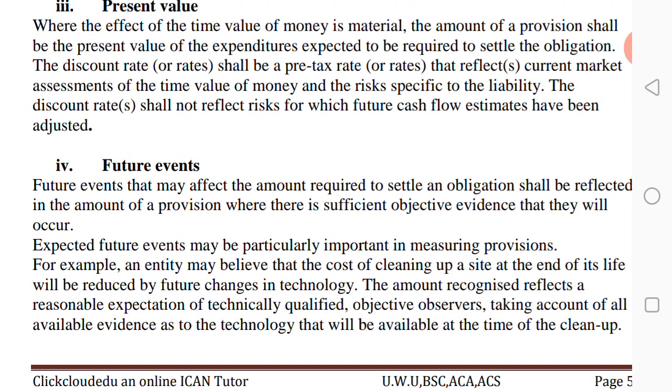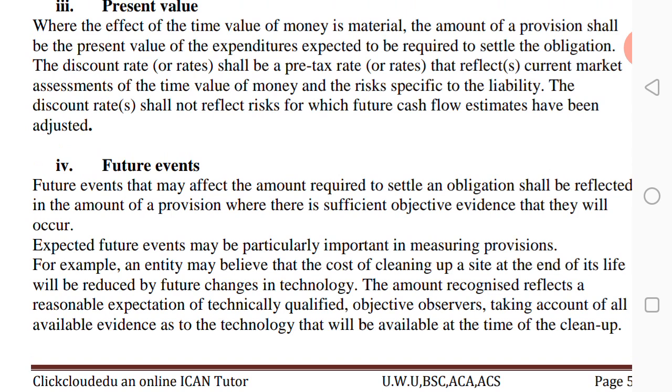The amount of provision shall be the present value of the expenditure expected to be required to settle the obligation. So always remember this. In our next class I will solve a question under present value, so that you understand it.